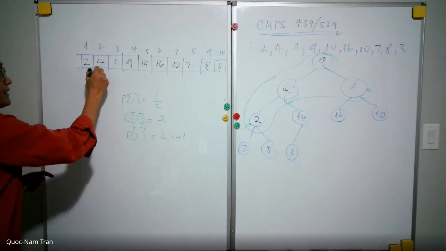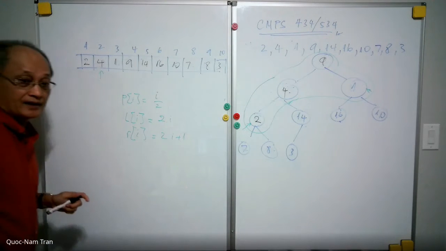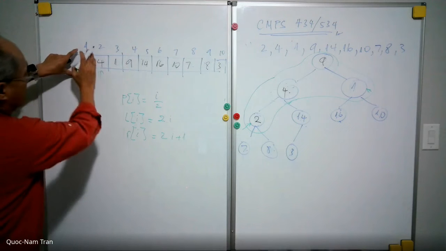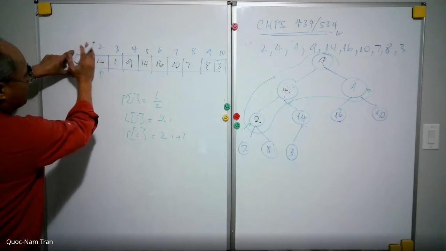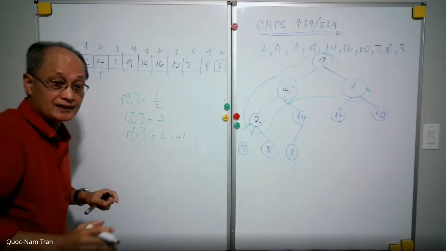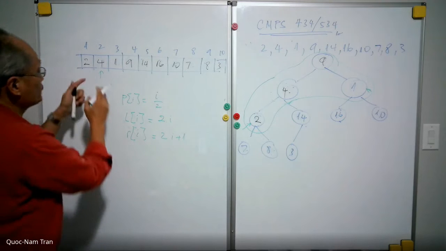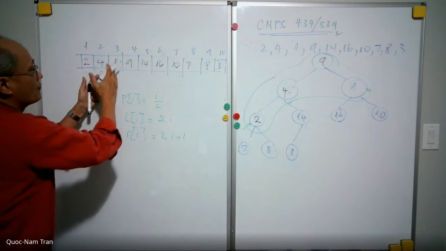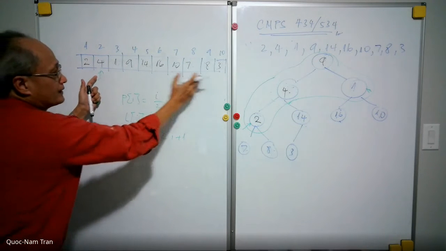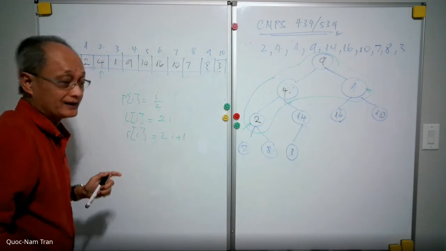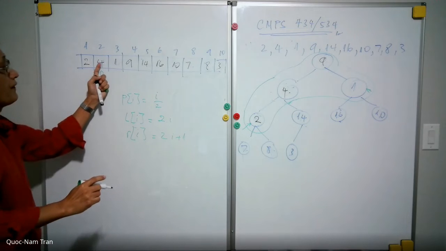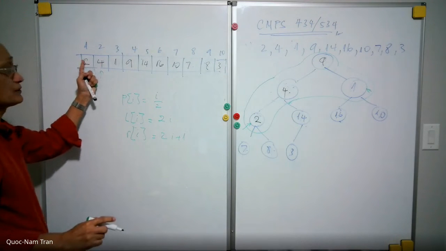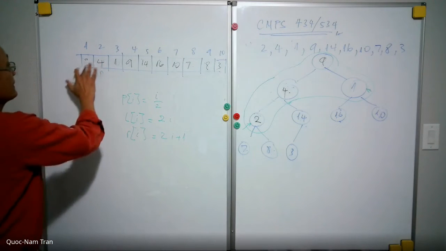We start from the next node because the subarray with one element here is already a heap. So we will try to build a heap by considering node by node until we reach the end. So from here, 4 is bigger than 2, so we swap, right?